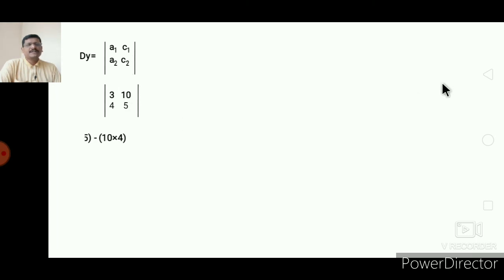Therefore, the value of the given determinant is 3 into 5 minus 4 into 10, which is 3 into 5 is 15 minus 10 into 4 is 40. Both these two numbers have different signs, therefore subtraction will take place. Therefore, Dy is equal to 40 minus 15 is 25, but 40 is the bigger number having a minus sign, therefore the answer is minus. Therefore, Dy is equal to minus 25.